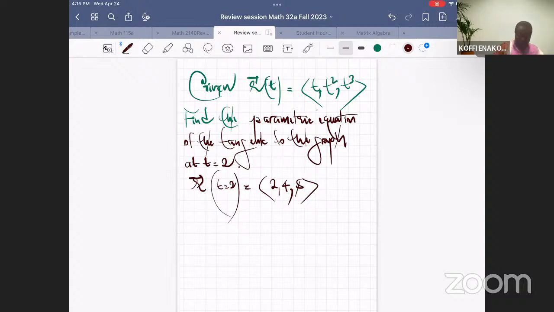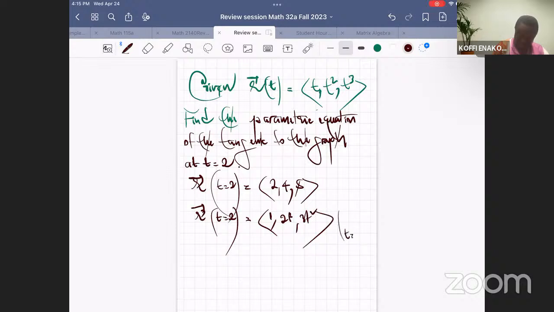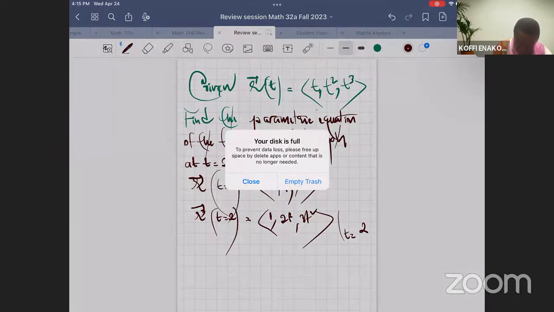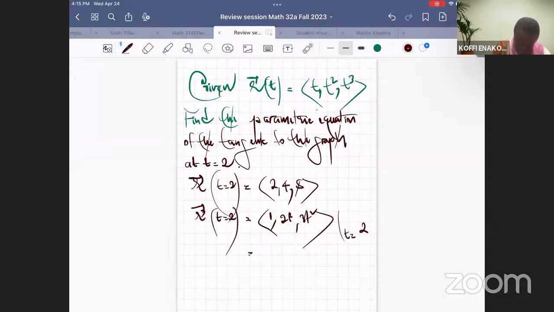When the point is fixed, then we need r prime at t equal to, this will be 1, 2t, 2t squared. Find that at t equal to. So with that, I have 1, 4, 12. That's the direction vector.